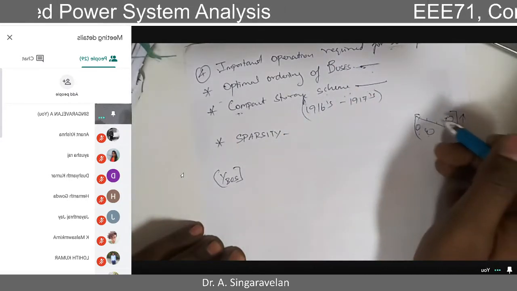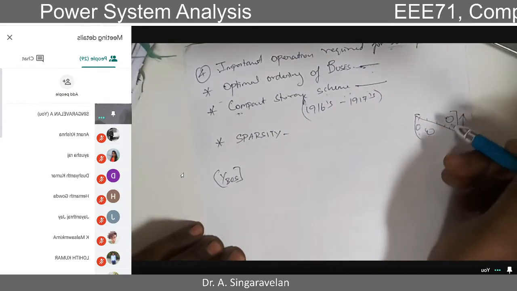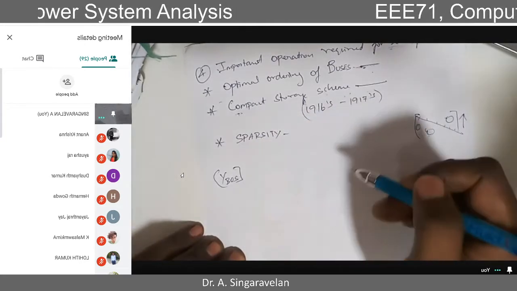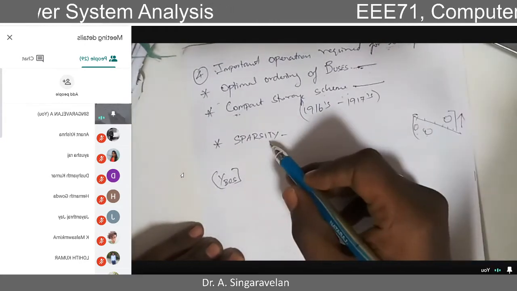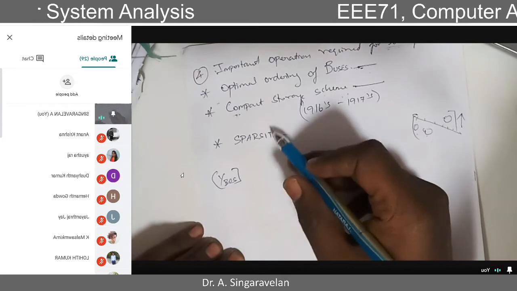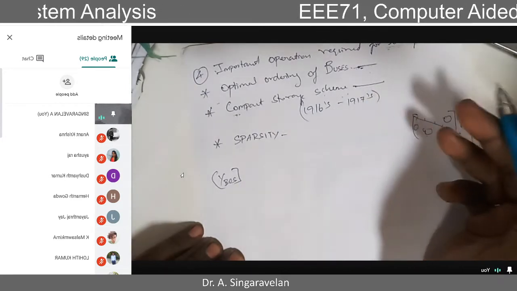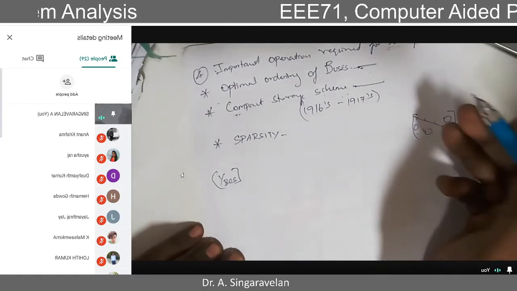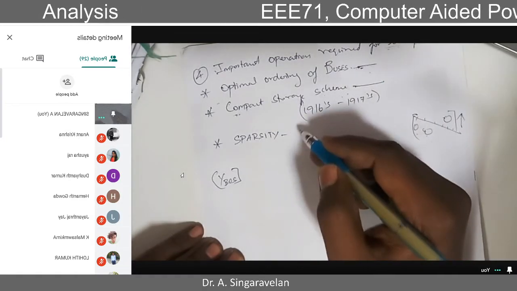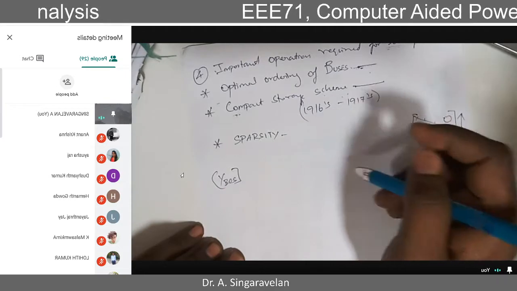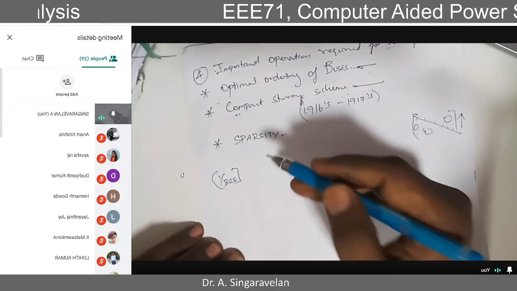If the number of zero elements in the matrix is less, then the sparsity is less. If you have more sparsity, then the calculation will be easier, right? The complexity of problem solving will be very much less if more sparsity is there. So we need to build the Y-bus in such a way that it has more sparsity.